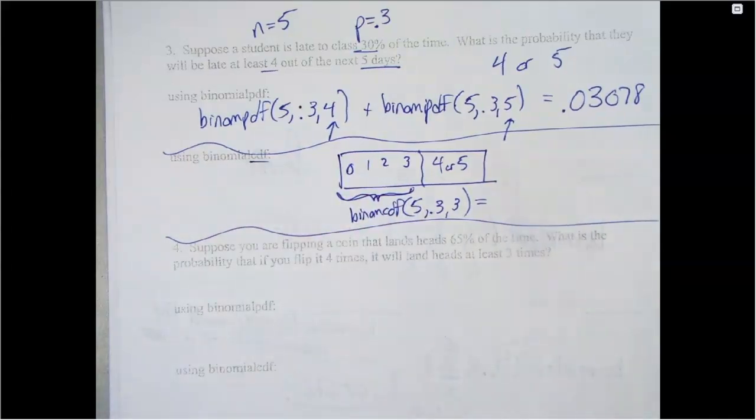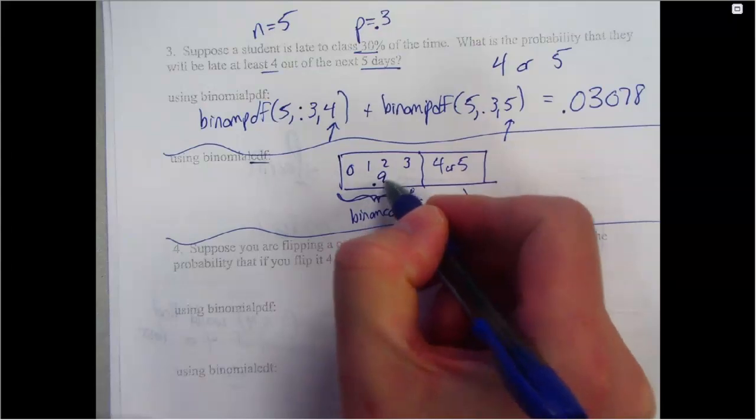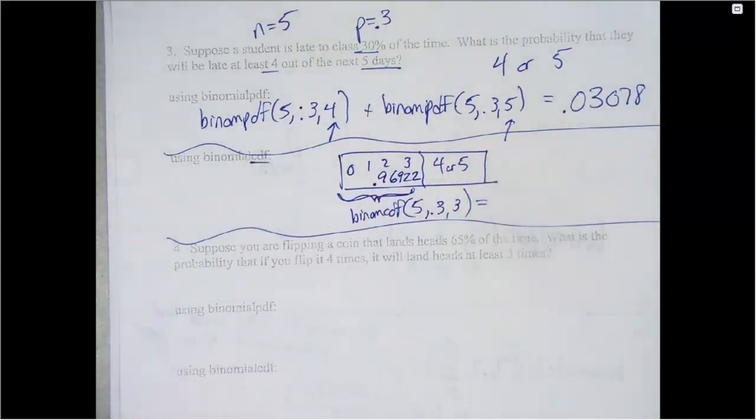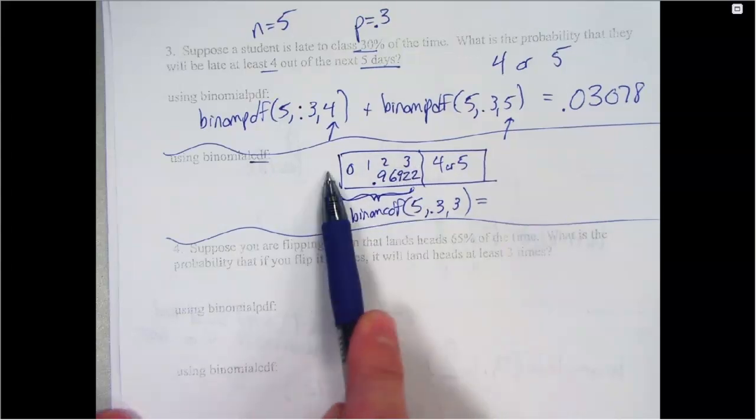So this bit in here comes out to 0.96922. So that's the probability of 3 or less.